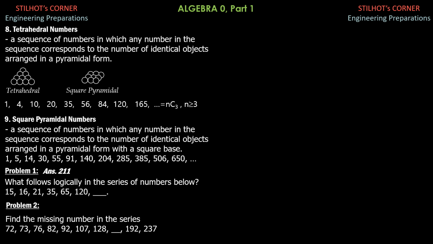So let's use yellow. We'll call this X, and for the solution, notice that the difference between 15 and 16 is 1. The difference between 16 and 21 is 5. Then 14. Then 30.